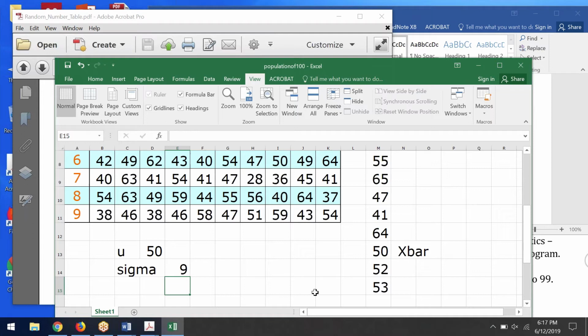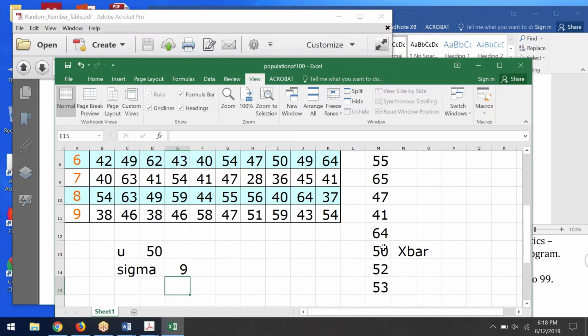That tells me that 68% of this population is between 41 and 59, 95% of this population is between 32 and 68, and so on. We could play the same games with the population that we did before with the standard normal distribution. Now that I know this information about the population, I know a lot about the center of this population and how spread out it is.